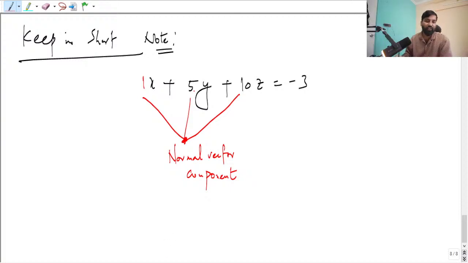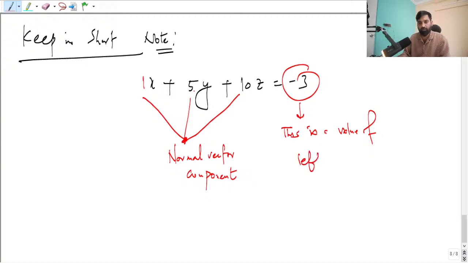And how do we evaluate the right hand side? That is the question. The value of this -3 is nothing but the value of the left hand side at P naught, at that point P naught.